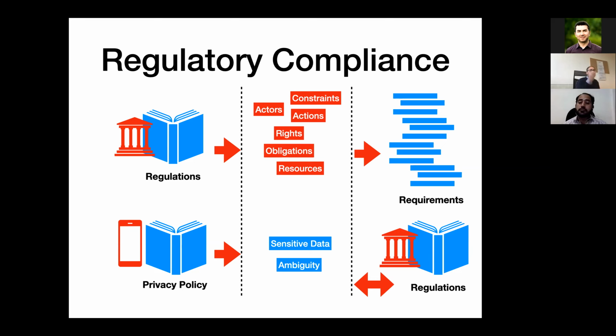Also, in this case, it is an information extraction problem, and also a problem that is related to matching the content of the extracted information with the content of the regulation.